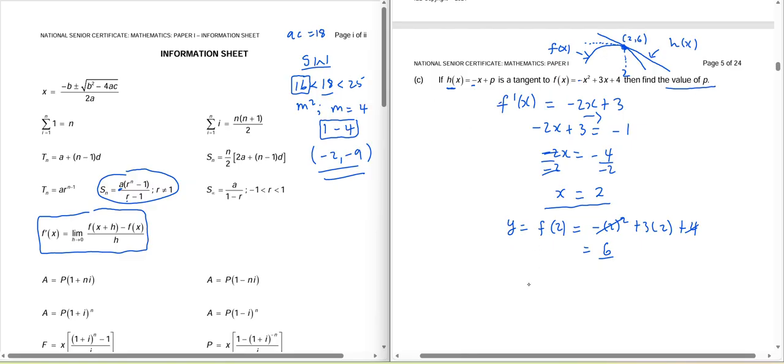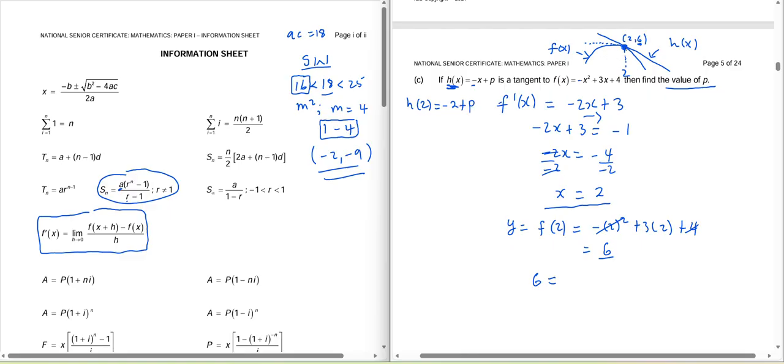At this point we have a y value of 6 when x is 2. So h of 2 is equal to minus 2 plus p.